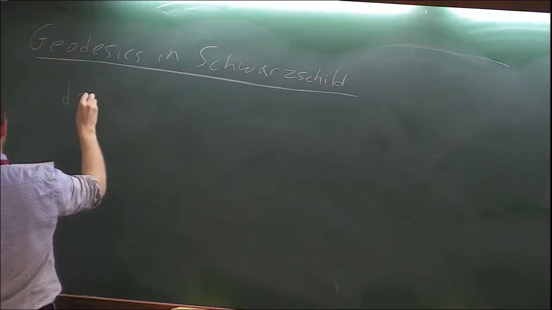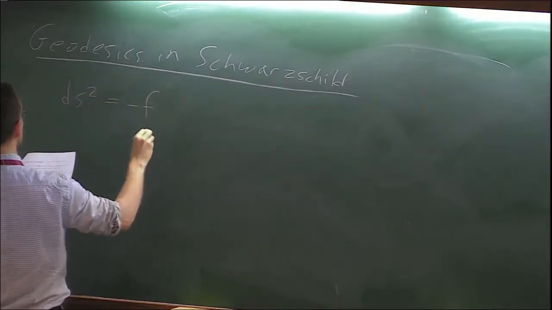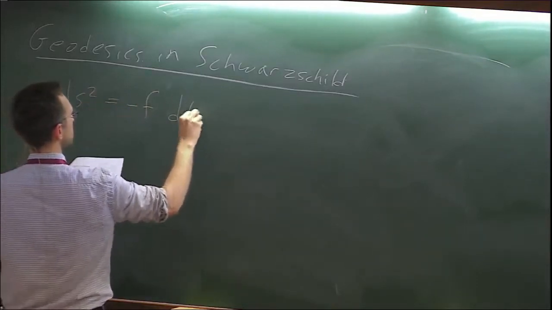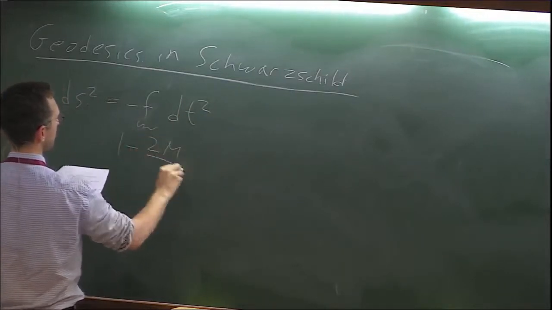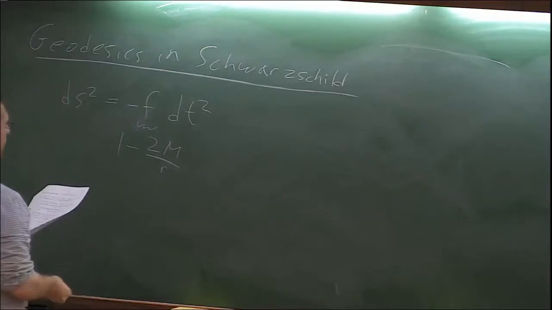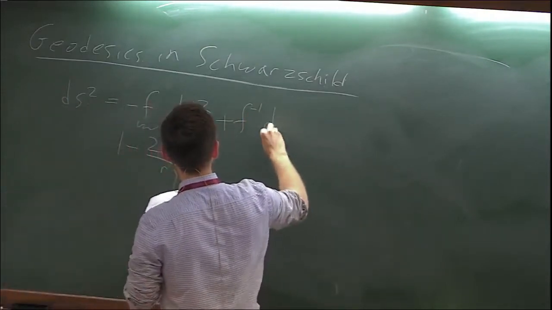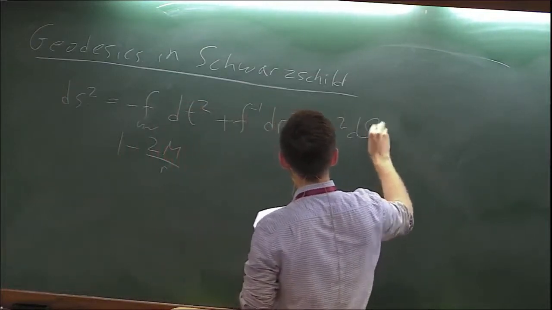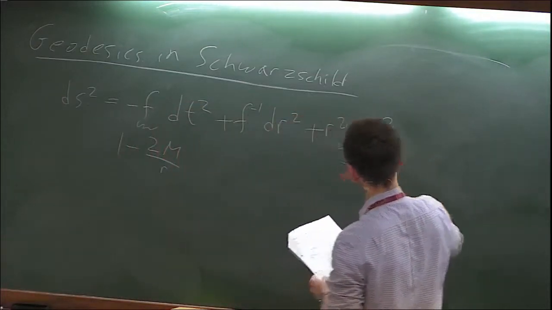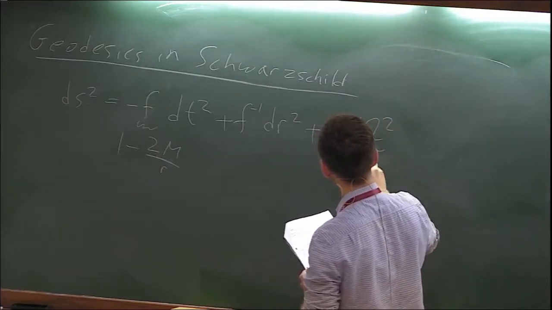So in Schwarzschild coordinates, I'm going to write the metric as minus f dt² plus f⁻¹ dr² plus r² dΩ², where f is 1 minus 2M over r, and dΩ² is the metric on a unit 2-sphere.